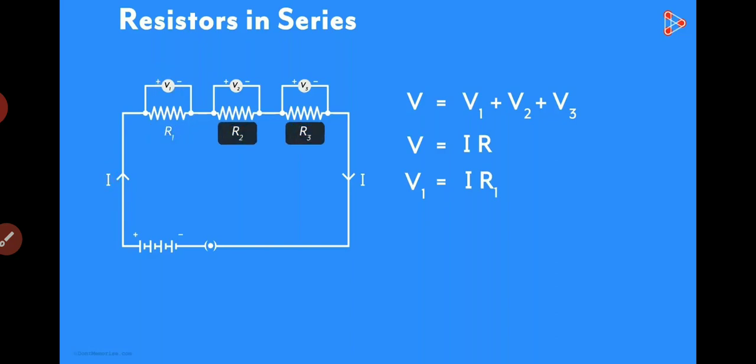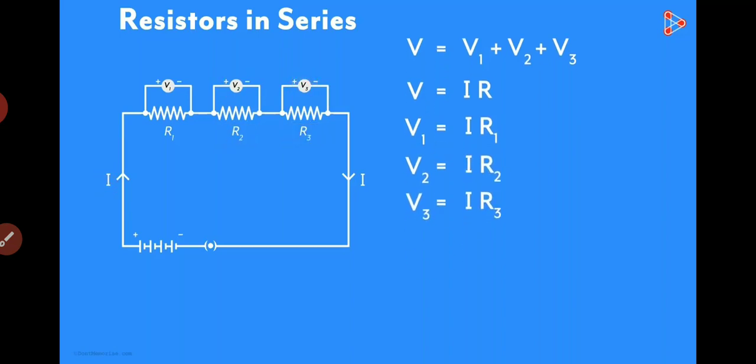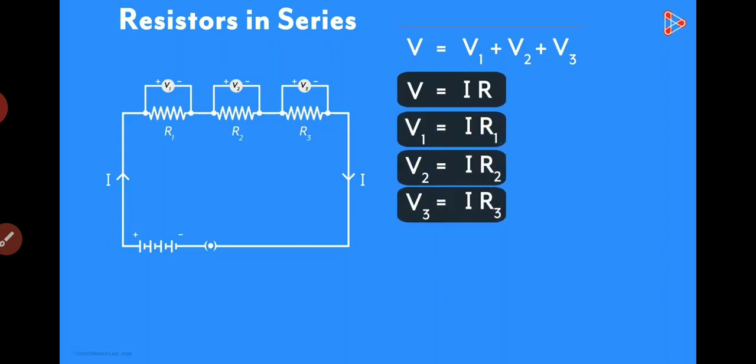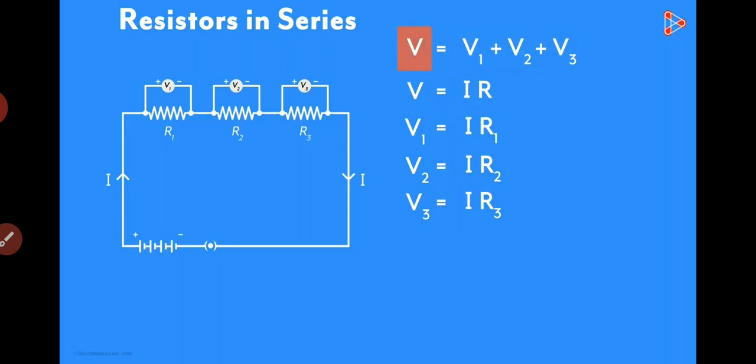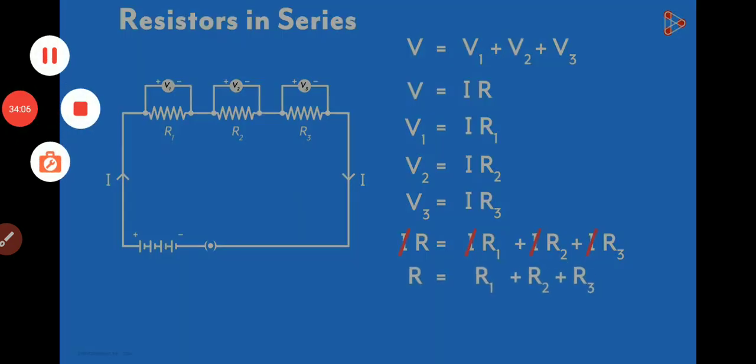Similarly, for the other two resistors, we apply Ohm's law to get two more equations. Now we can substitute the values of V, V1, V2, V3 in the first equation to get the result we need. V is I times R, V1 is I times R1, V2 is I times R2, and V3 is I times R3. Dividing both sides by I, we get the value of R as this.